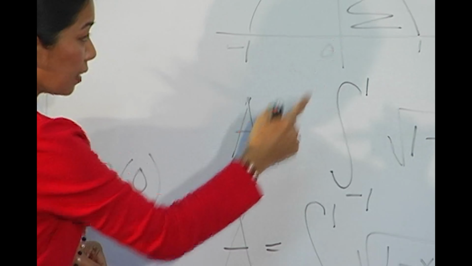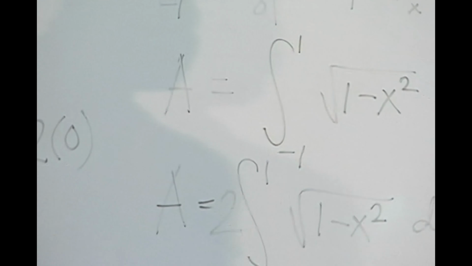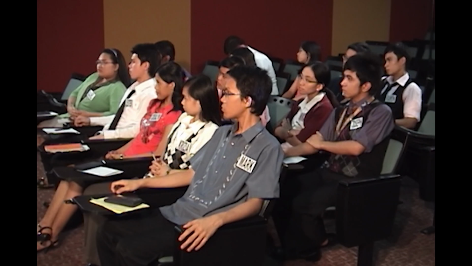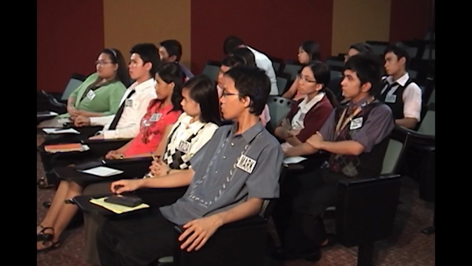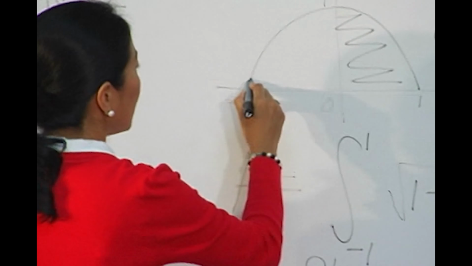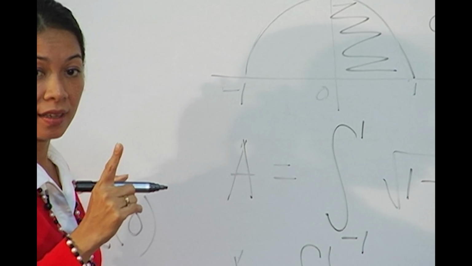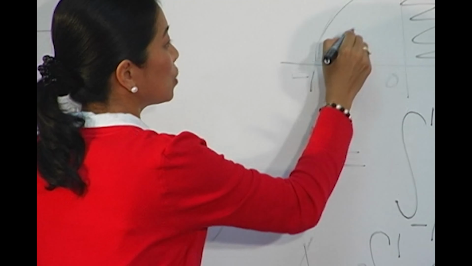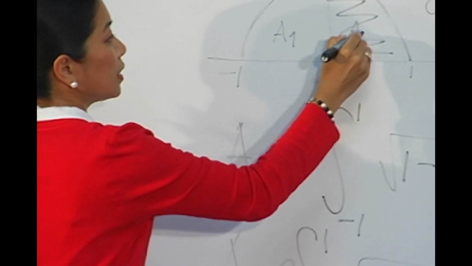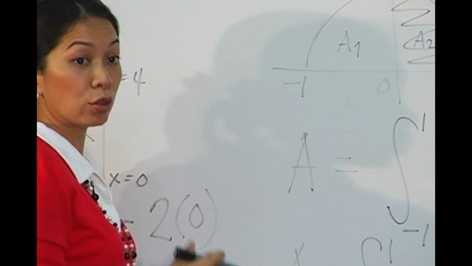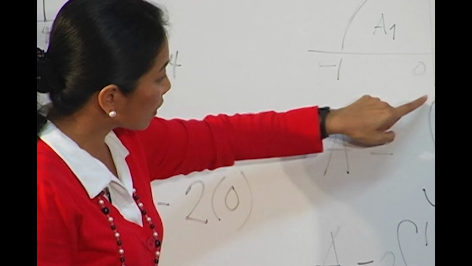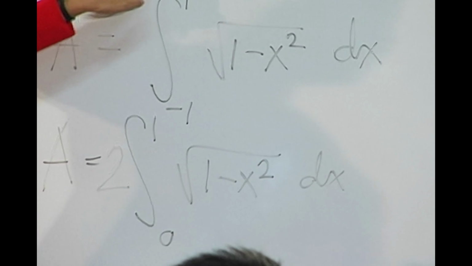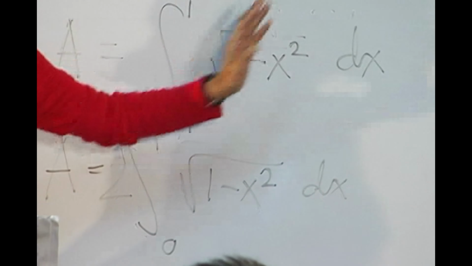The left side is exactly the same, so you want 2 of those. Why are we allowed to do that? Area is additive. So you can get the area from here to there in one shot, or some of you might want to do it this way. This is area 1, this is area 2, in which case you can do it the longer way. You have one integral going from -1 to 0, another integral going from 0 to 1.